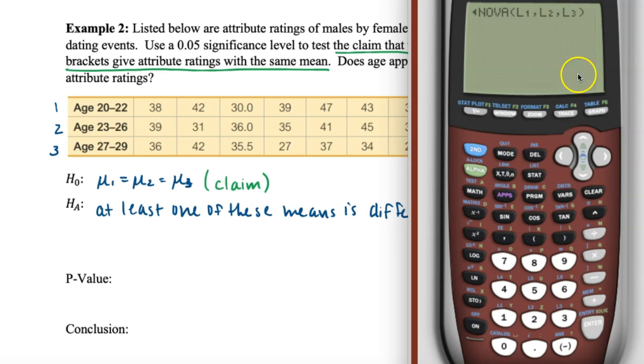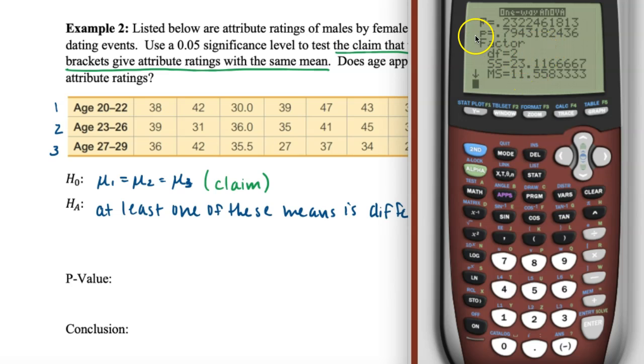Now our calculator is going to do all the rest of the work. It's going to perform calculations. It's going to find all the degrees of freedom that we need, so the 2 different degrees of freedom, and it's going to give us this f-test statistic and our p-value. And so if we press Enter, we get f, this f-test statistic, this p-value, and then some of this other stuff that we really don't need for our purposes with this type of test.